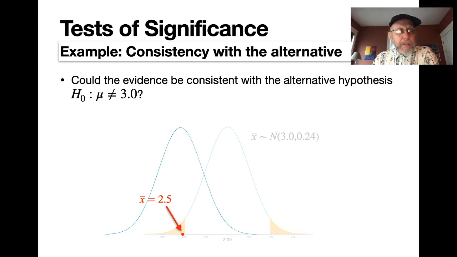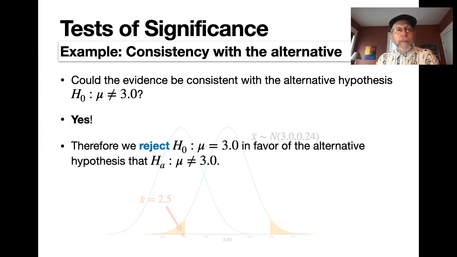And in that possibility, our data would be totally consistent with the alternative hypothesis, right in the middle of that shifted sampling distribution. So the answer is yes, our data is consistent with the alternative hypothesis. And therefore, we reject the null hypothesis that mu is equal to 3 in favor of the alternative hypothesis that mu is not 3.0.